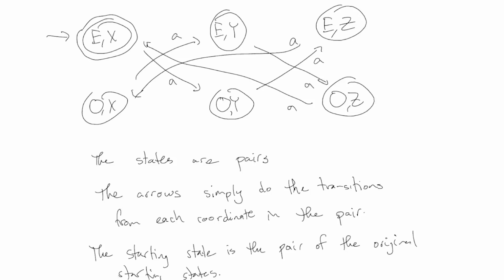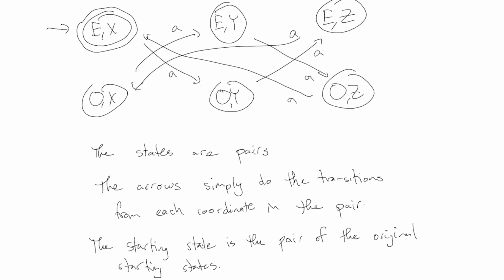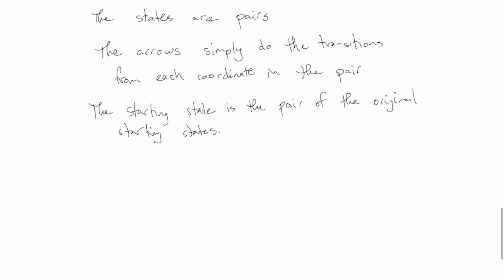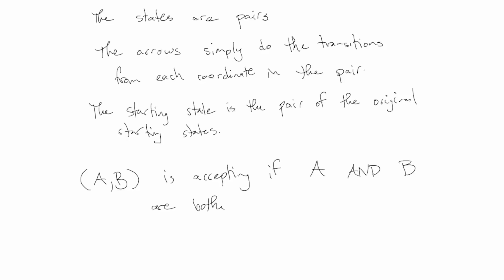All right? And finally, the accepting states are ones which are accepted on the first one and also accepted on the second one. So maybe I'll say it this way. If I had something like A comma B, this is accepting if A and B are both accepting in their original machines.